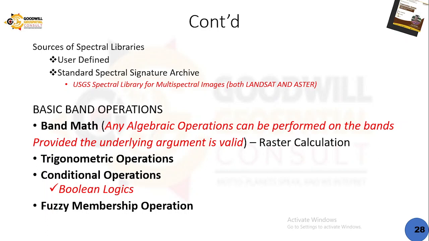When you are dividing a band that has non-zero numerical values by a band that has a zero numerical value, you should expect what you call a math error. So you make sure that the band you are dividing by is a non-zero band. You divide the numerator band by the denominator band, and specifically the denominator band does not bear any zero value.